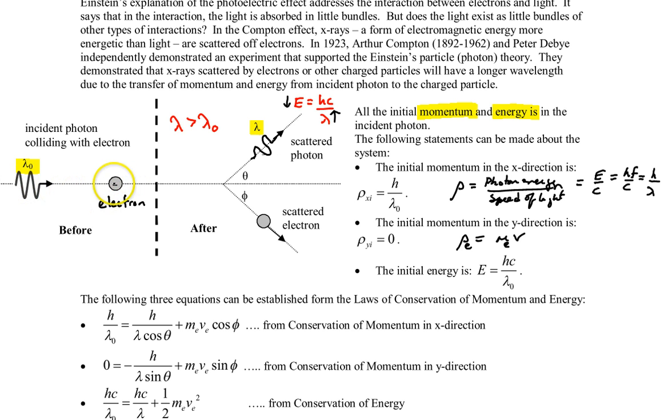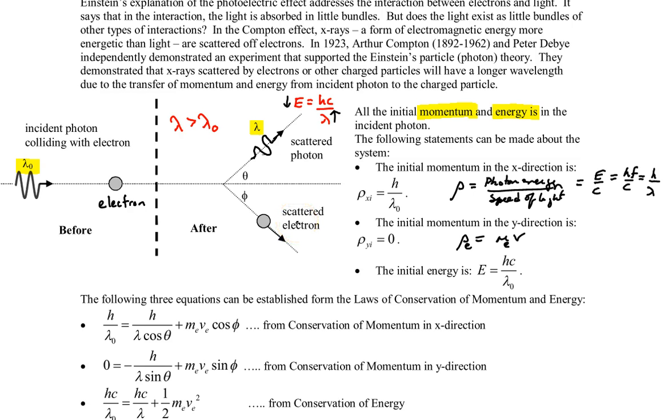There's no momentum of the electron initially because it's at rest. And then these are the two components of the scattered photon and the scattered electron, their momenta along the x-axis. And then here we have sine now, angles in here, because we're looking along the y-axis. No momentum initially in the y direction, but the momentum along the y-axis of the photon here is balanced out by the momentum along the y-axis for the electron.